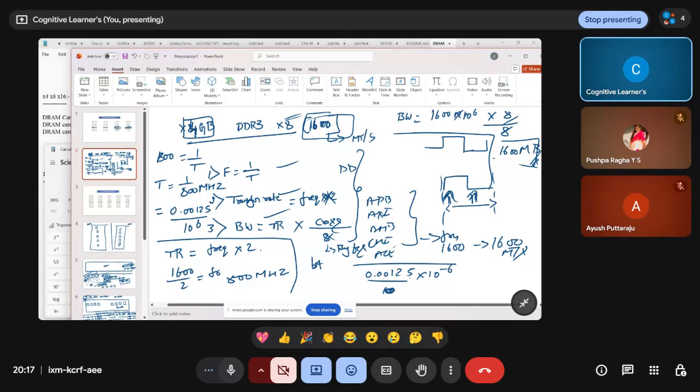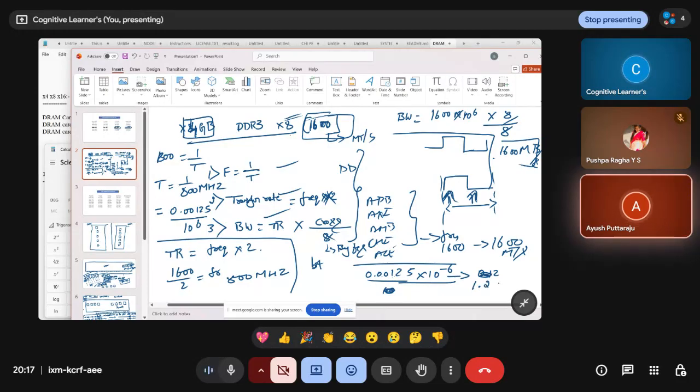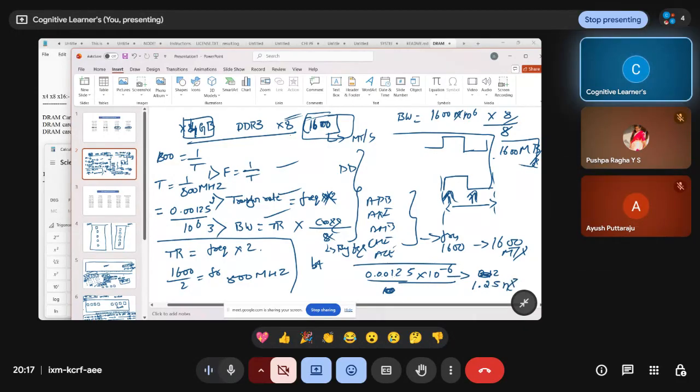In time we can easily convert to nanoseconds, so it is 1.25 nanoseconds. That is the time between one clock cycle. Okay, this way we can calculate, guys.